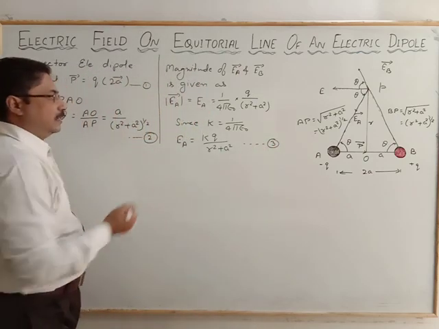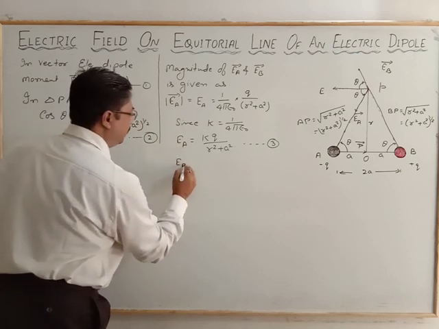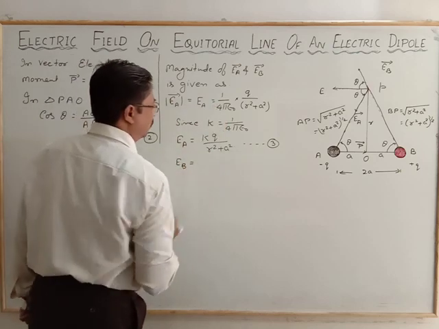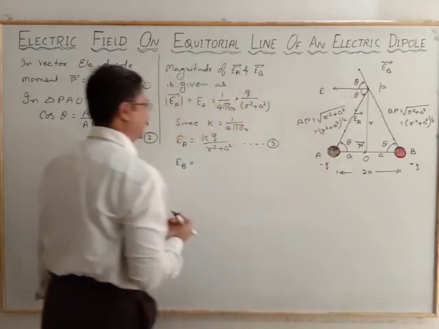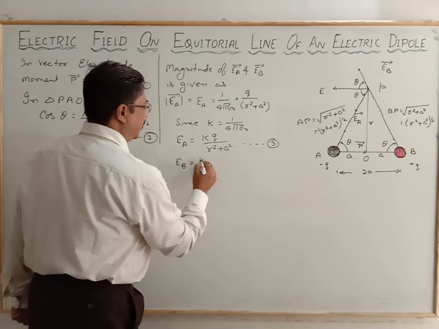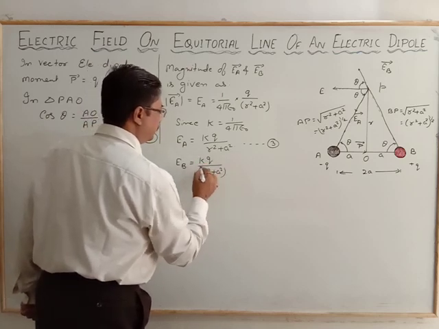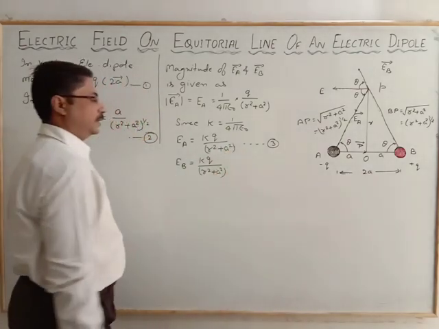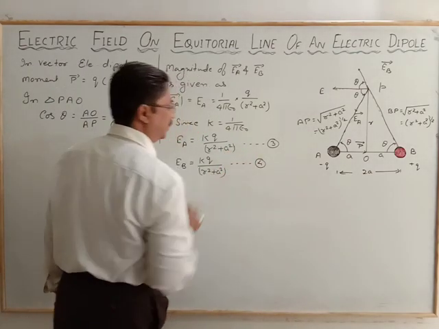Again we will see the EB vector. So here the EB vector has the same value at the same distance from the charge to the point P, that is again KQ by R square plus A square. Now both equations 3 and 4 are equal.